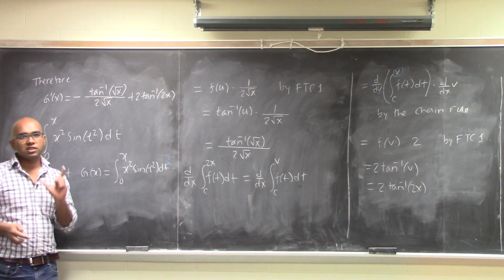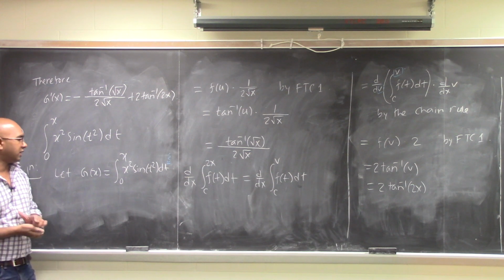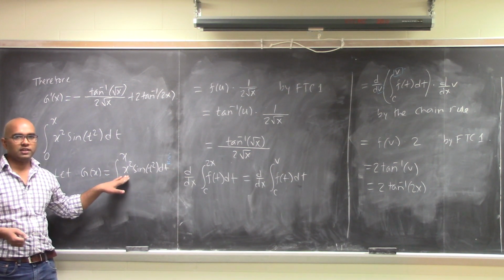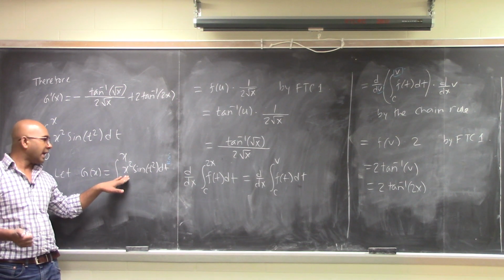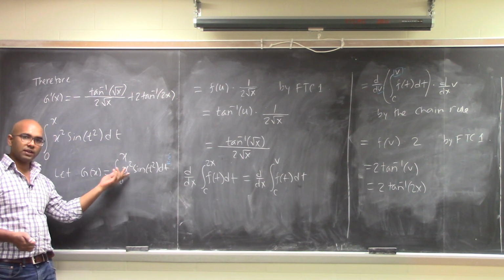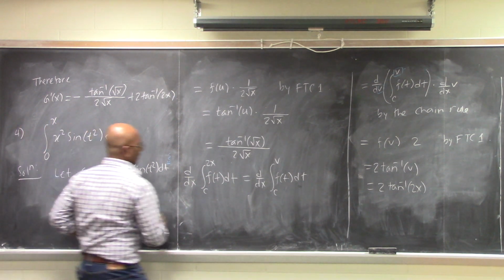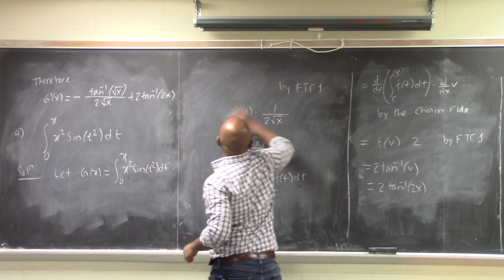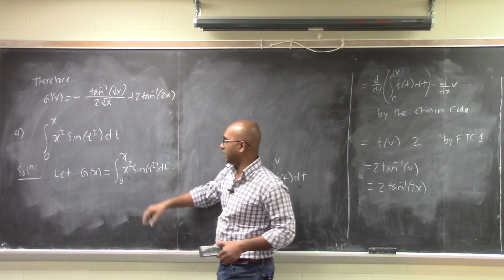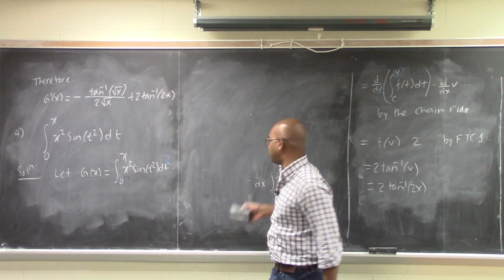So anything that is not a function of t is a constant here. So x squared, since x is not a function of t, it's a constant here. And since it's a constant, if you have a constant factor, you just can factor that out, right? See, many people just don't notice that, and then they apply FTC right at the beginning. But no, you cannot apply FTC right from the beginning.